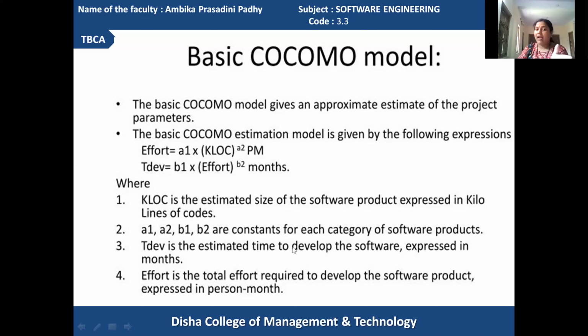Got it? And the expression uses certain constant values. What is the meaning of all those? KLOC is the estimated size of the software product expressed in kilo lines of code. Previously, we identified size using the size estimation techniques.